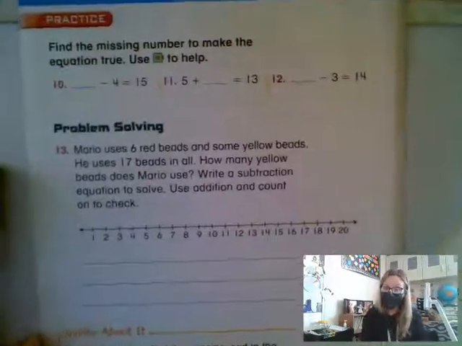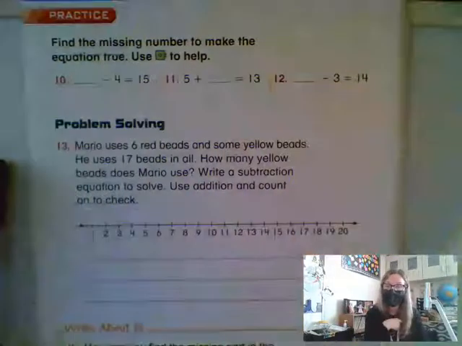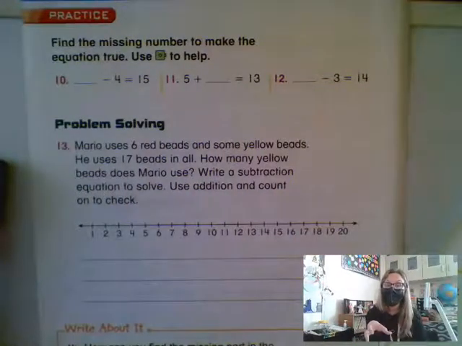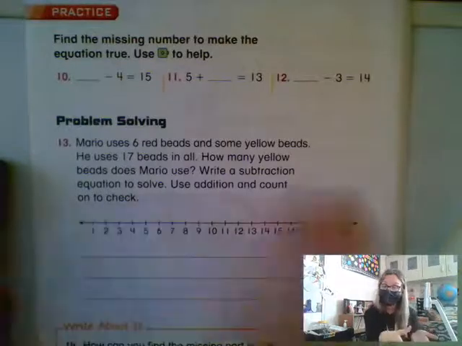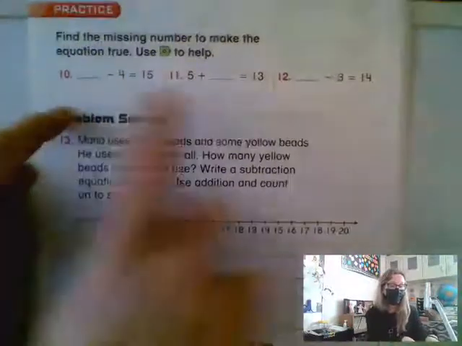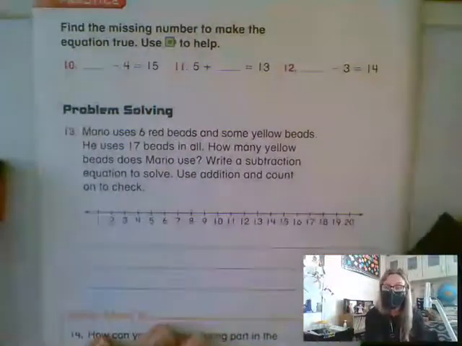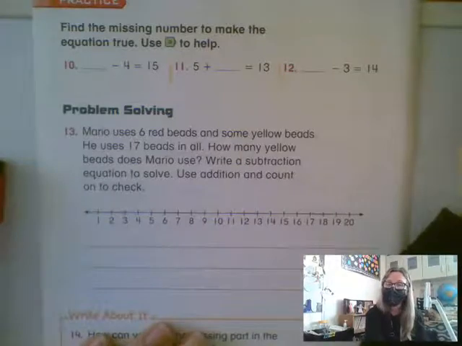So if you are at home, please pause this video right now, work through these 3 problems, and then when you're done, unpause the video and check your work. And if you are here in the classroom, right now, do 10, 11, and 12, and then we will go over them in just a moment. So friends at home, go ahead and hit pause, and we'll see you back in a bit.